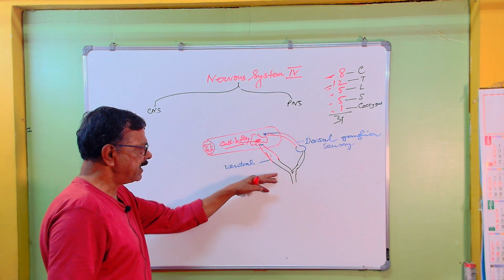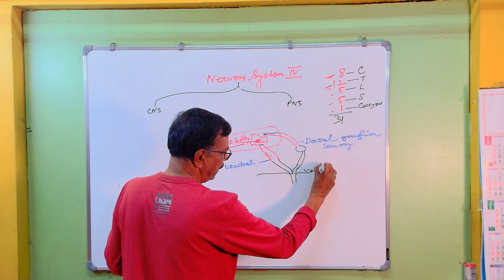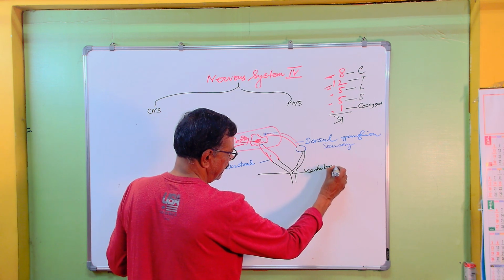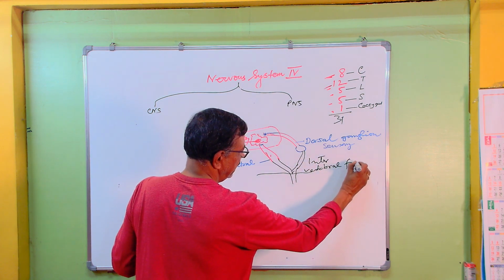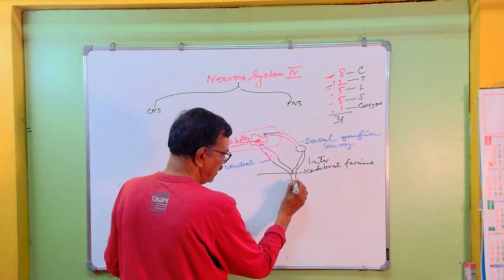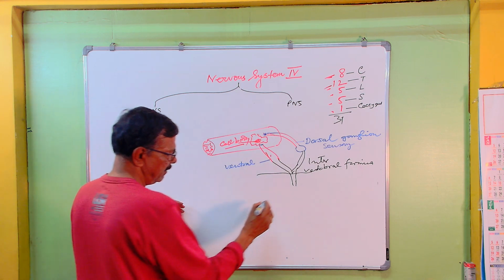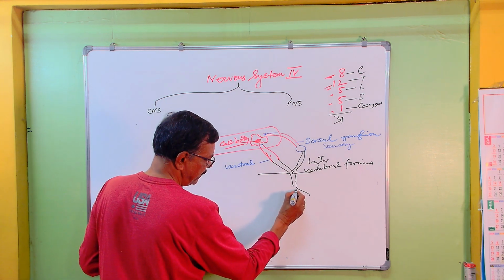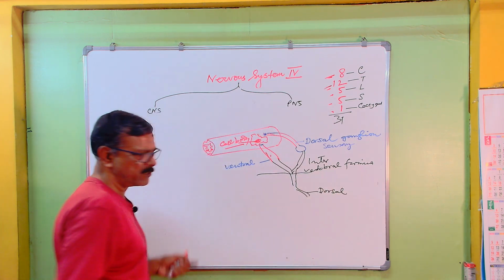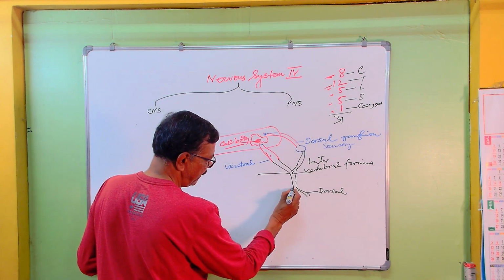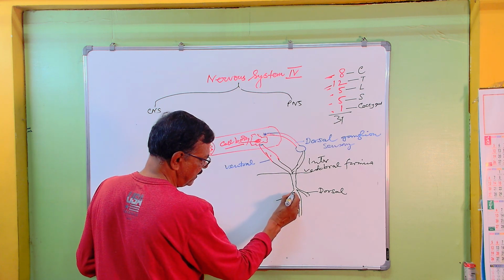After coming out from the vertebral column through the intervertebral foramina, it comes out as a single root, and then it divides into three branches.